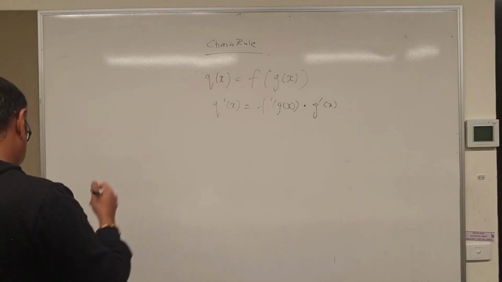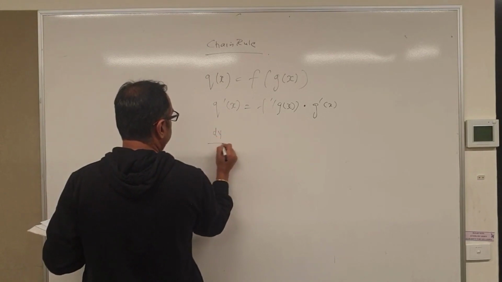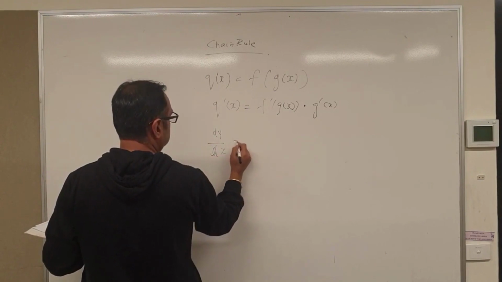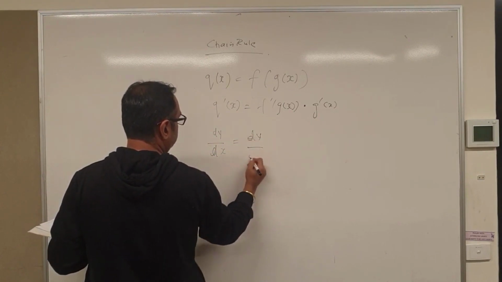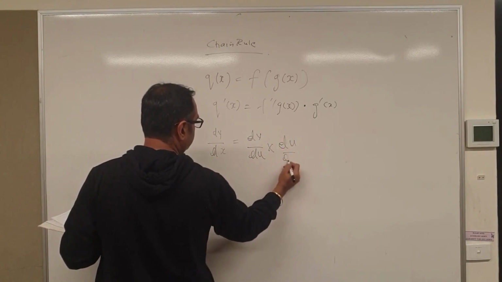And in your Leibniz notation, you say dy by dx is nothing but dy by du times du by dx.